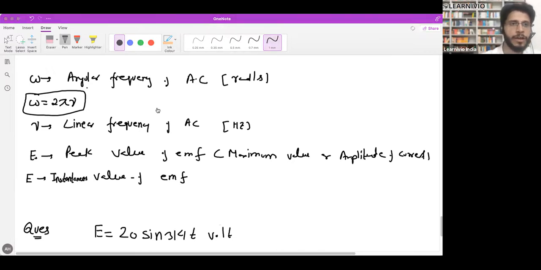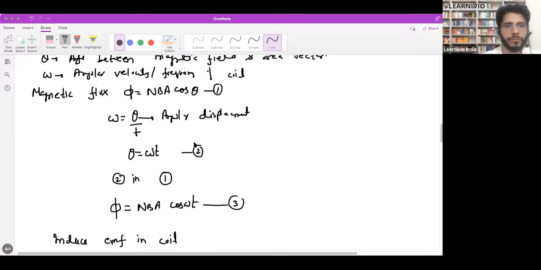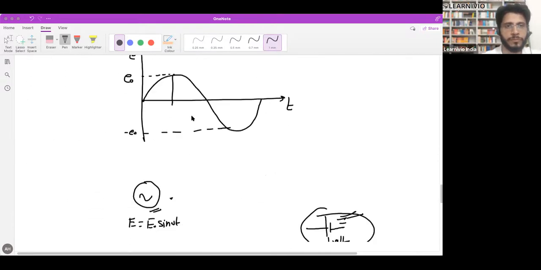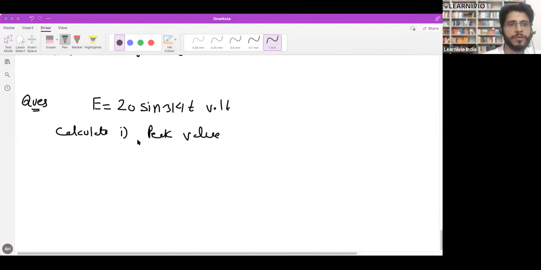You can write peak value, maximum value, everything. So that's the peak value of EMF, maximum value of EMF, or amplitude. So first calculate peak value.